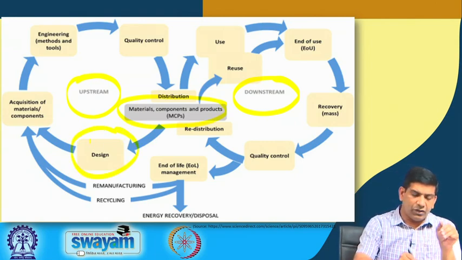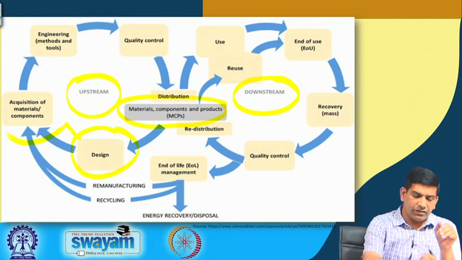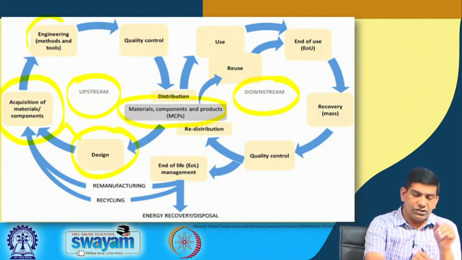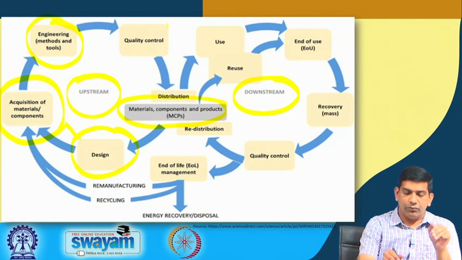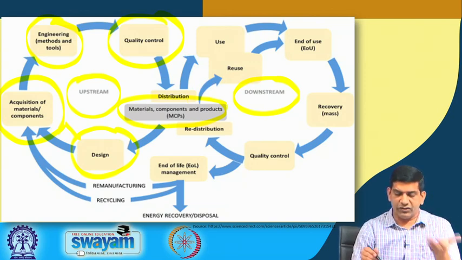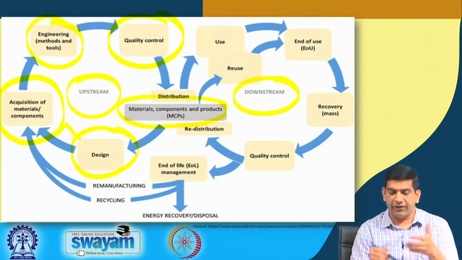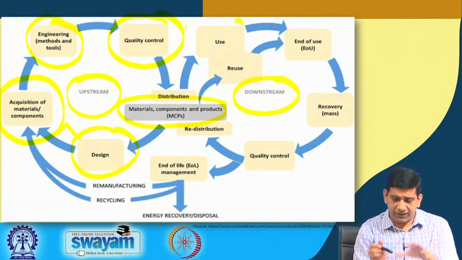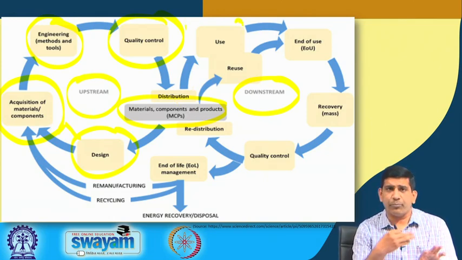When you design, you acquire material and components, you use certain engineering methods and tools, you do some quality control, and then you come up with a product. So, this part, where you are making the product and getting it ready for the market, is your upstream part.